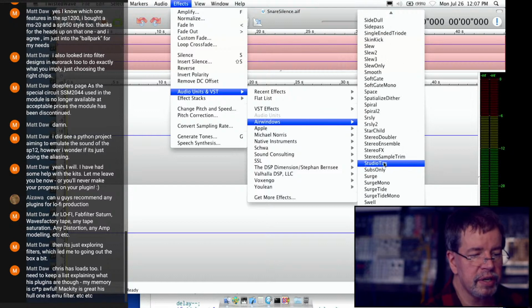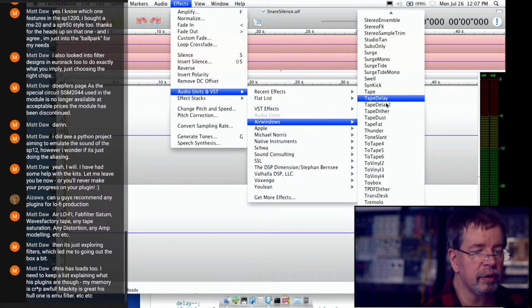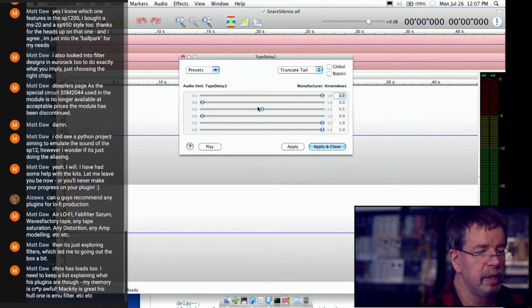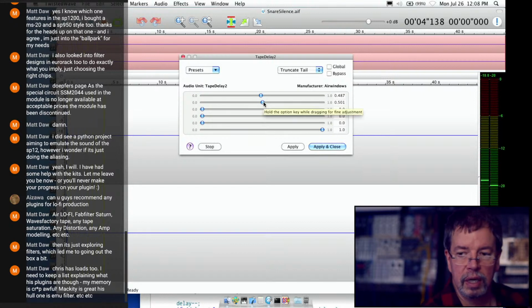I've also got it set up to feedback louder than when it came in. So let's see now. Set these to sort of intermediate values, this to full wet. We have a working delay.